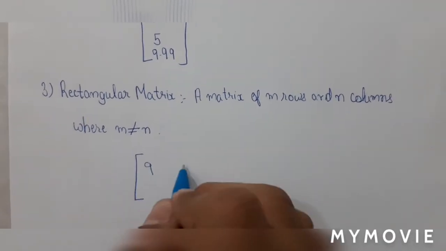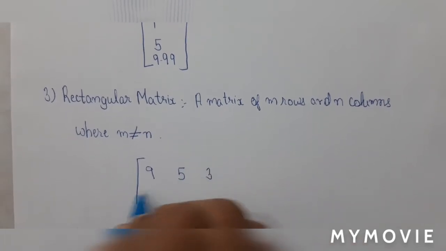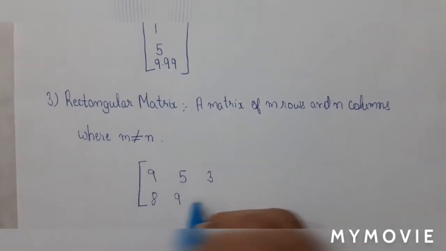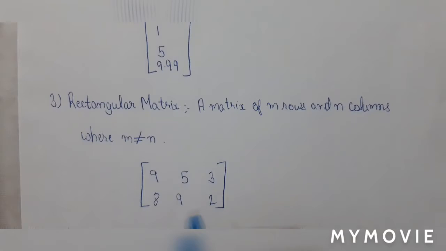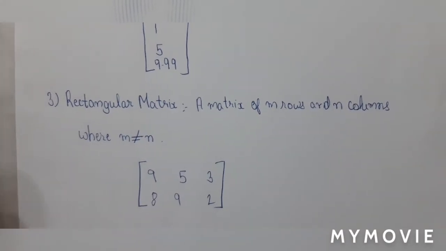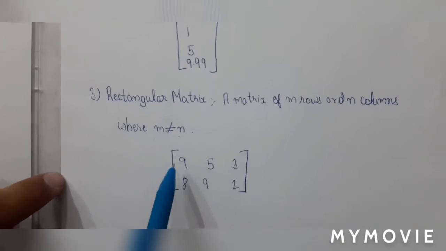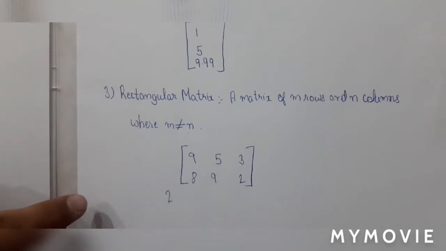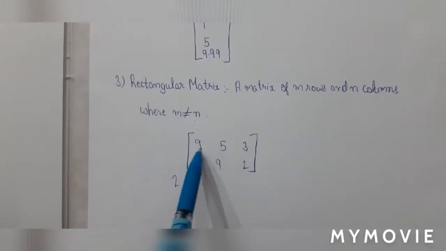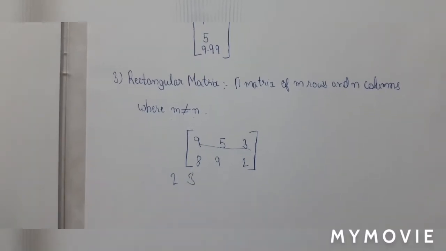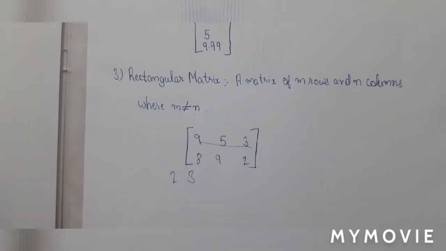Let's take 9 5 3 8 9 2. So it is a rectangular matrix because m and n are not equal. M means number of rows, there are two rows, and n means number of columns, there are three columns. So 2 is not equal to 3.